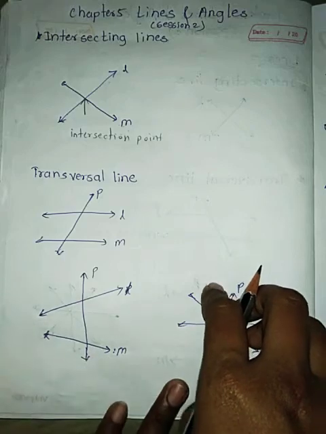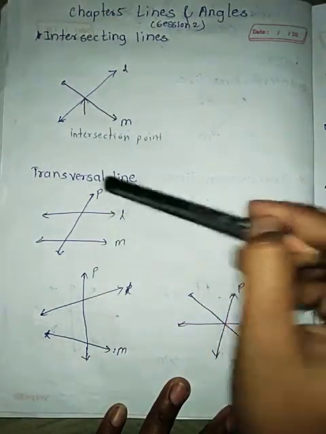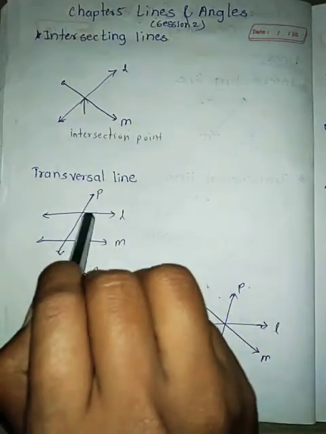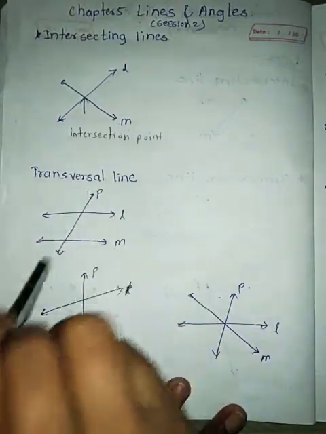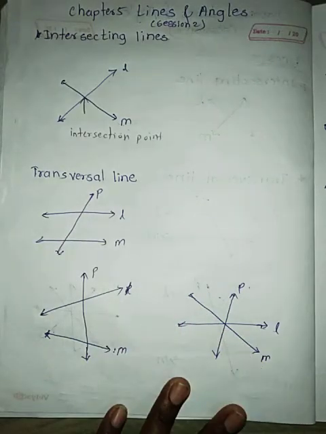Now next is the transversal line. What is the difference between a transversal line and an intersecting line? The transversal line is nothing but the line which cuts two other lines at two different points, or two distinct points.